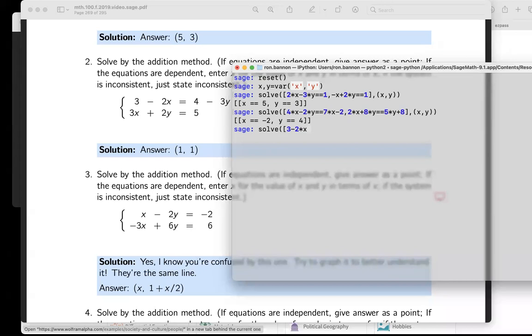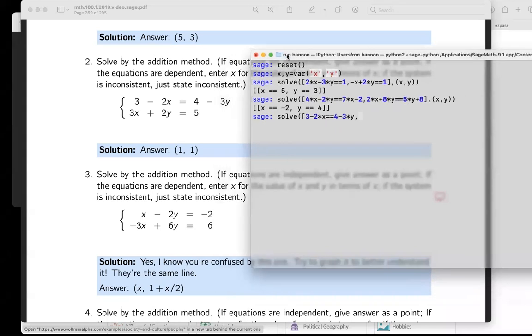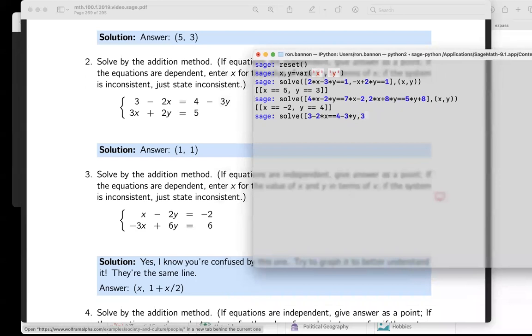If you put 2x in, it'll say it's wrong, is equal to 4 minus 3y. Again, if you put 3y in, it would say it's incorrect. It's 3 star y, right? What's the next equation, right? The next equation is 3x. That's 3 star x plus 2 star y is equal to 5.